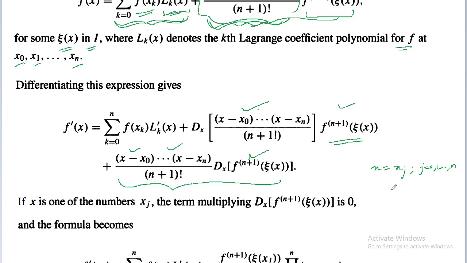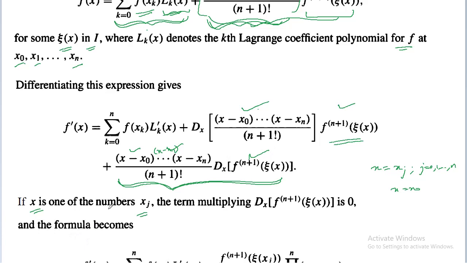If x is equal to x naught, this term will be 0. If x equals x1, then also it will be 0 because we have the factor x minus x1. If we choose x equal to xn, then also this will be 0. So if x is any one of the numbers xj, this term will be equal to 0.